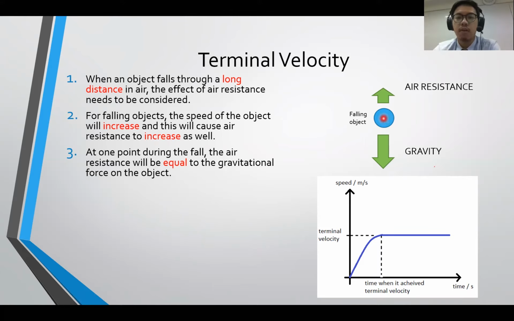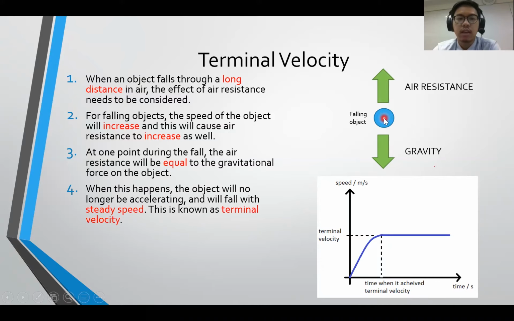But as the object falls faster and faster, the air resistance gets larger and larger. So at some point, these two forces will be equal. Number four, when this happens, the object will no longer be accelerating and will fall with steady speed. And this is what we call terminal velocity. We'll talk more in depth about this in the next slide.